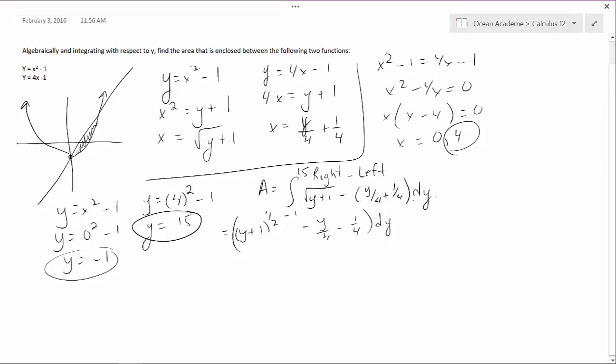Now let's take the antiderivative. This would equal y plus 1 to the 3 halves over 3 halves minus 1 quarter y squared over 2 minus y over 4.